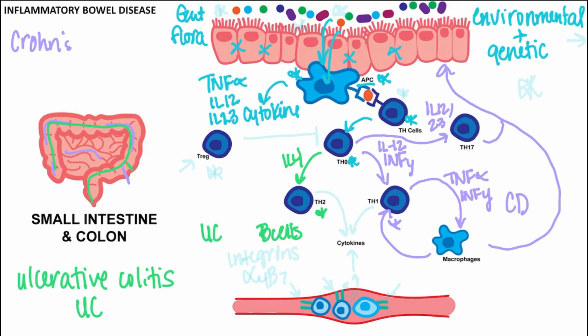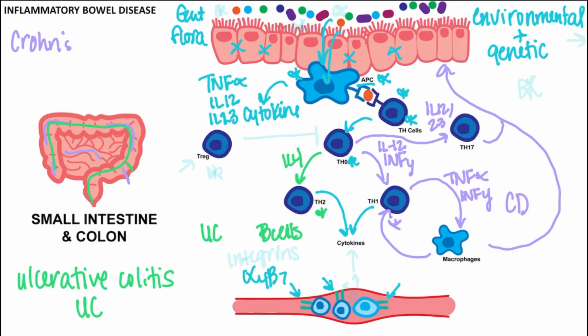And one thing to note is that this recruitment of immune cells to the site of GI inflammation, whether it be these original T helper cells or following the secretion of cytokines from these Th1, Th2, and Th17 cells, the recruitment of these immune cells to the site of inflammation to begin this cascade requires the interaction of integrins, which I'm showing you on these immune cells here, like alpha-4 beta-7 integrin.